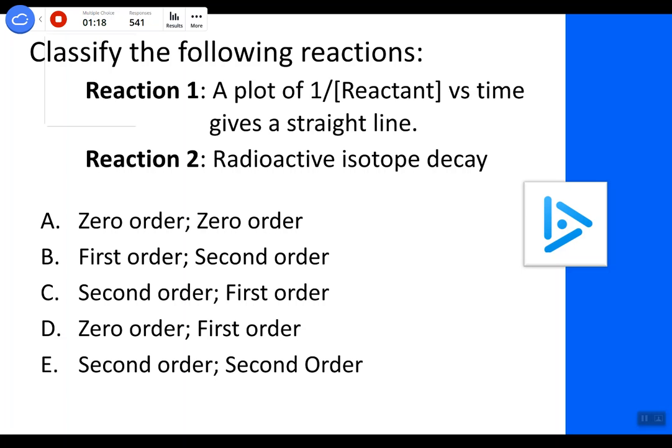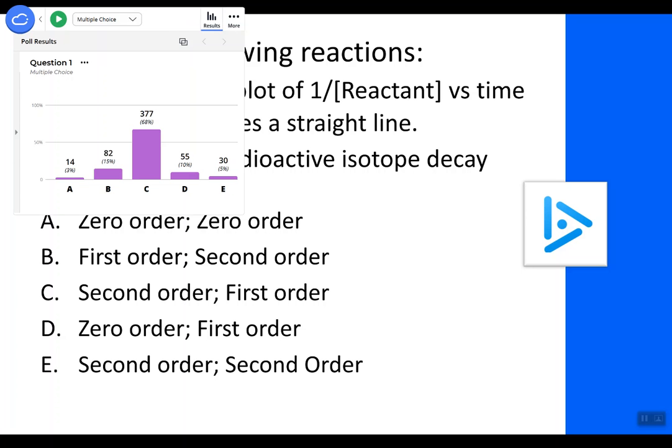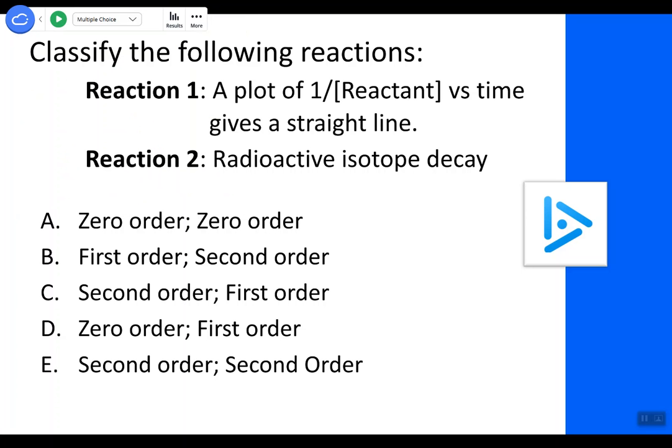And 5, 4, 3, 2, and 1. Okay, we have second and first. Indeed, this is correct.